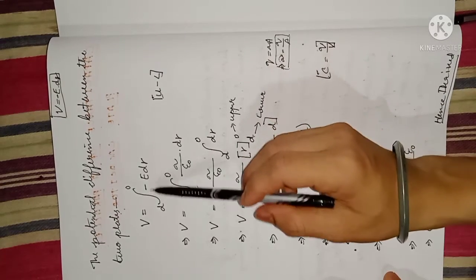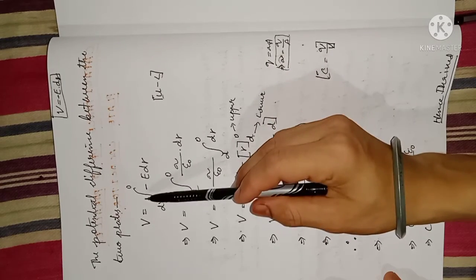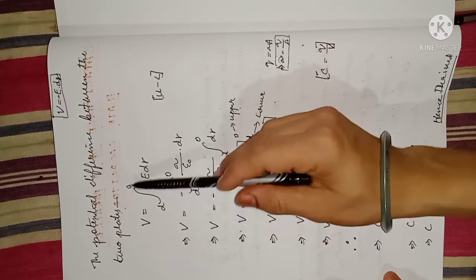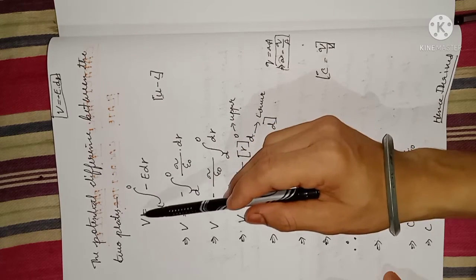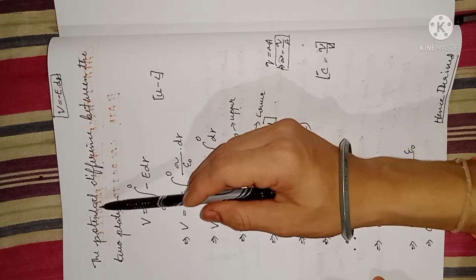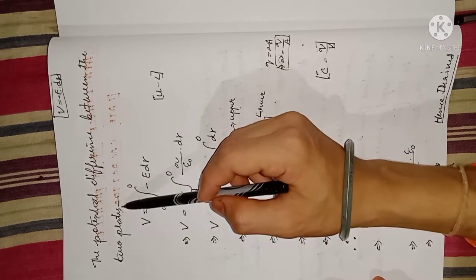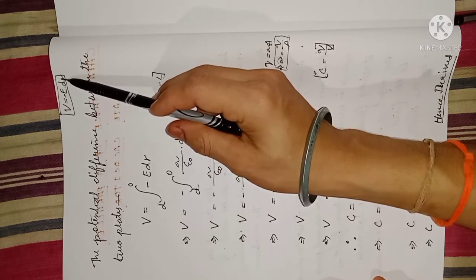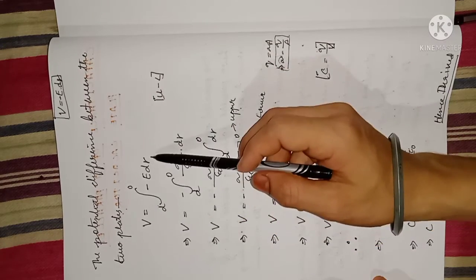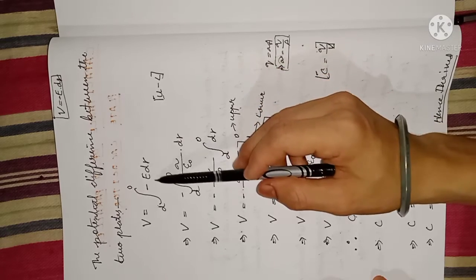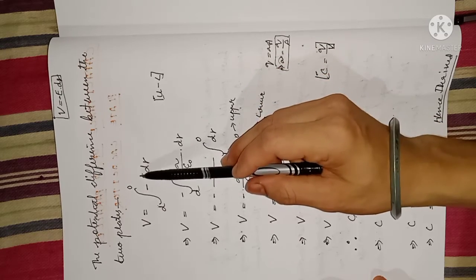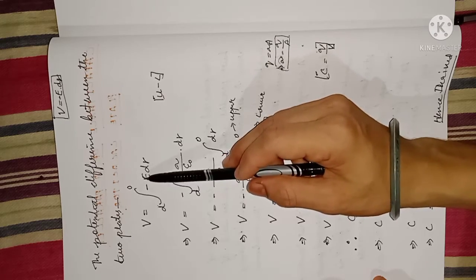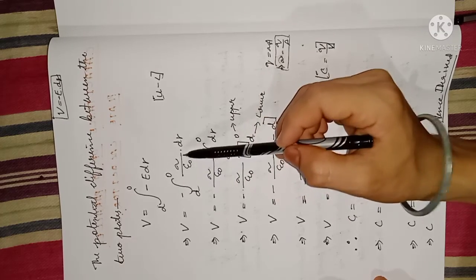So how have we integrated? We have integrated from upper limit to lower limit. First of all, we found the potential difference between the two plates. We know the formula V is equal to minus E dr. By the application of Gauss law, E is equal to sigma by epsilon naught.